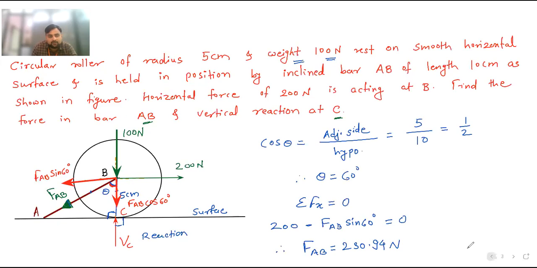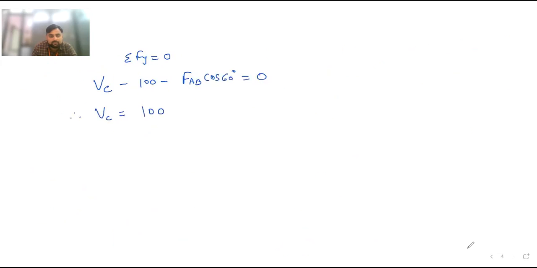Therefore, VC is equal to 100 plus FAB cos 60, which is 230.94 cos of 60 degrees.